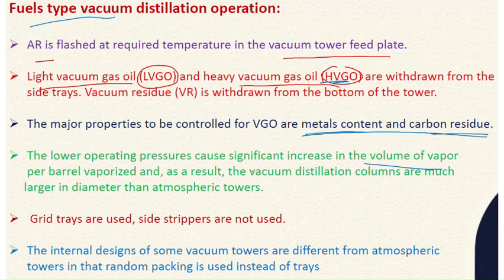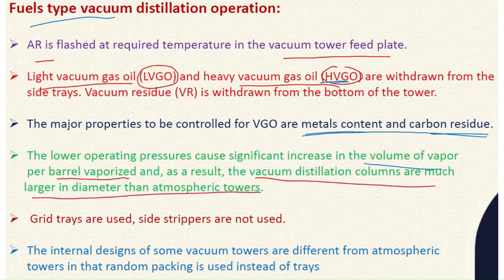Okay. So as we know, this vacuum distillation unit works at a lower pressure compared to the atmospheric distillation unit. So more volume of vapor per barrel of crude oil gets vaporized. As a result, a huge vapor volume is present in the vacuum distillation column. That's why vacuum distillation columns are much larger in diameter than atmospheric towers.